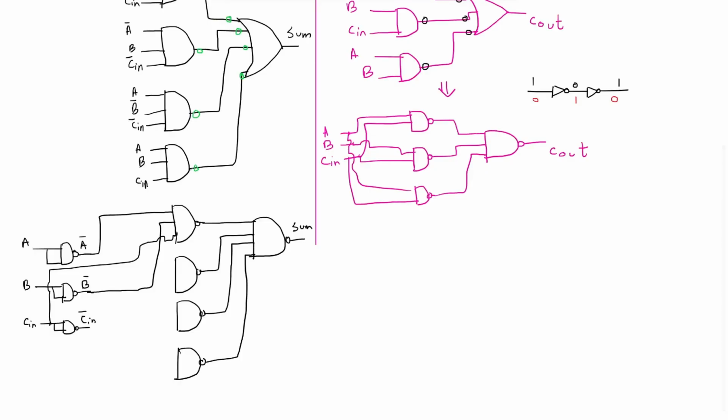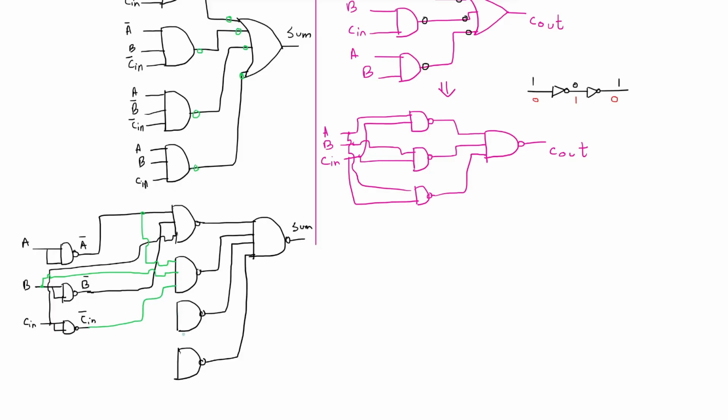For the second one, for this one here, we need A bar, B, and Cn bar. So let's use another color. So for A bar, we can grab it from here. B, we need to take it from before the NAND gate. And Cn bar we can take it from here.